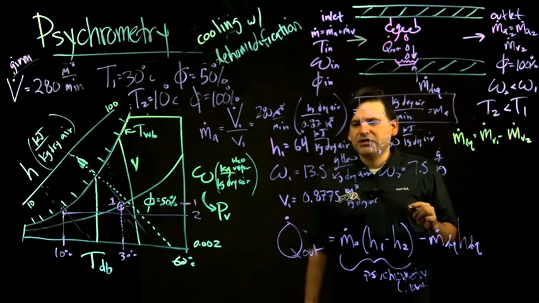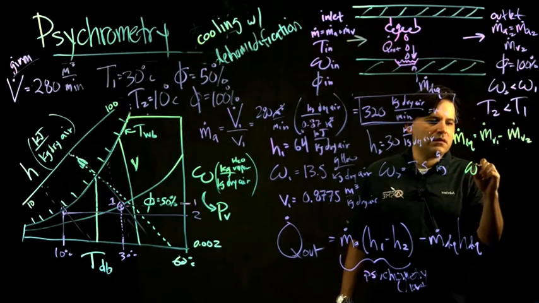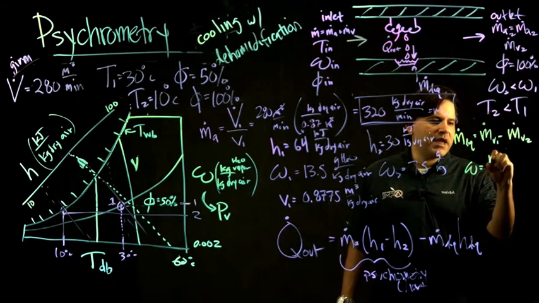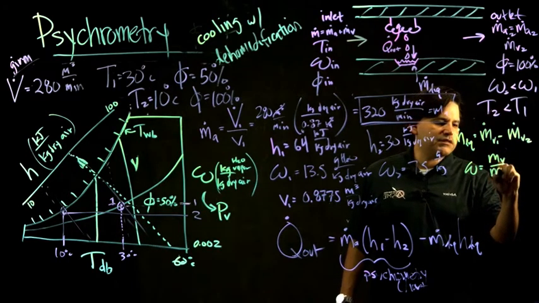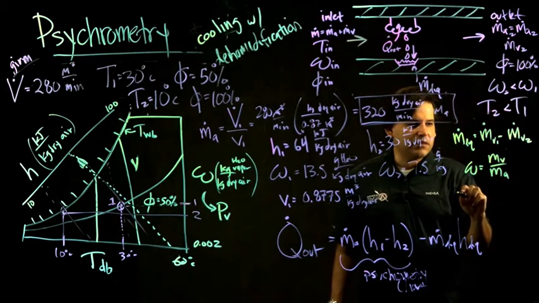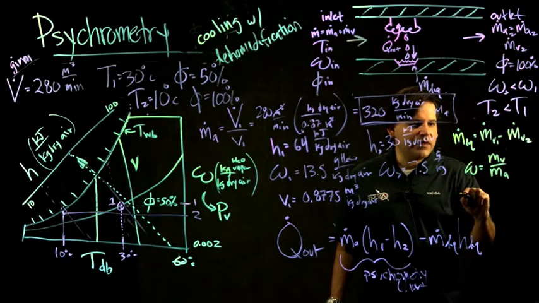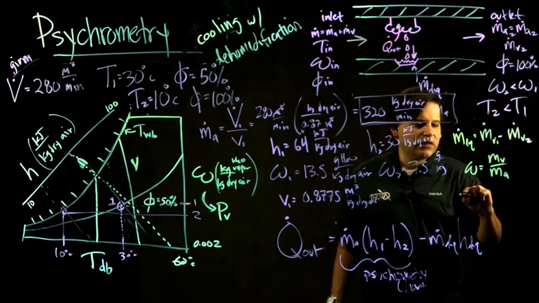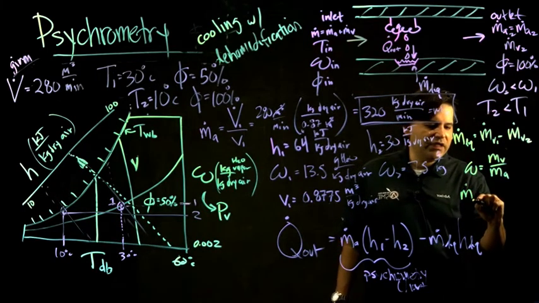And from the definition of omega, it's the mass of vapor over the mass of dry air. So another way to keep track of this mass of vapor is to take the change.